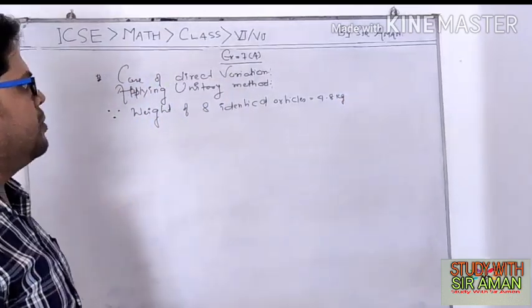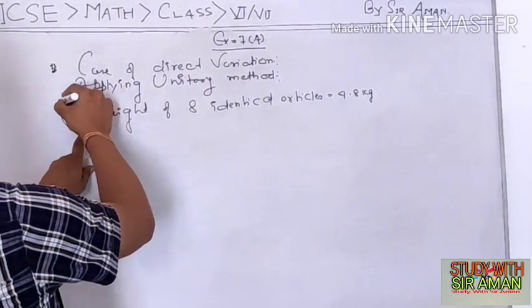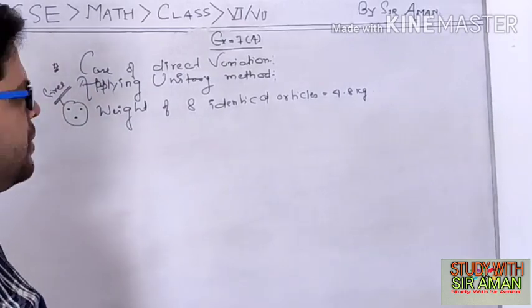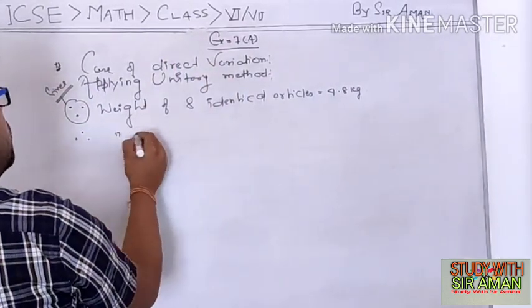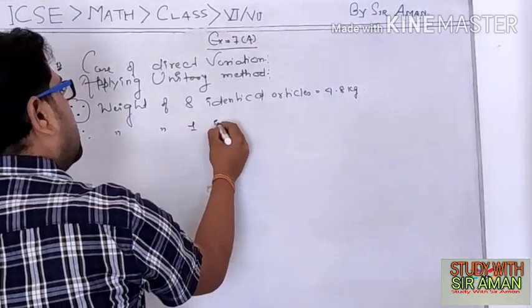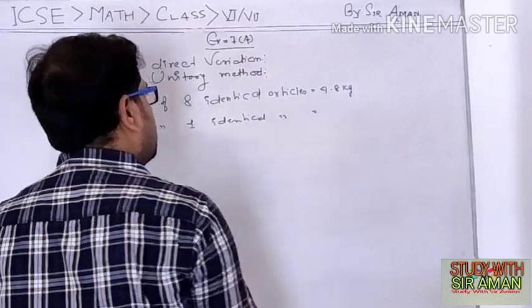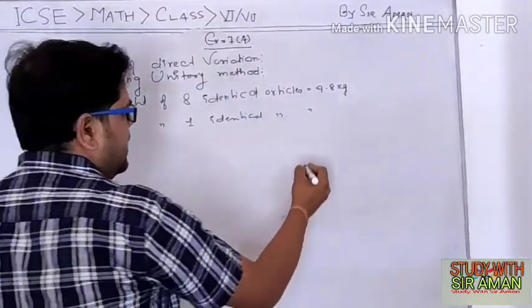First line we have to write from the book. This symbol is since. Second line will be, first we have to find the weight of 1 article, therefore weight of 1 identical article will be less or more? Less, then divide.